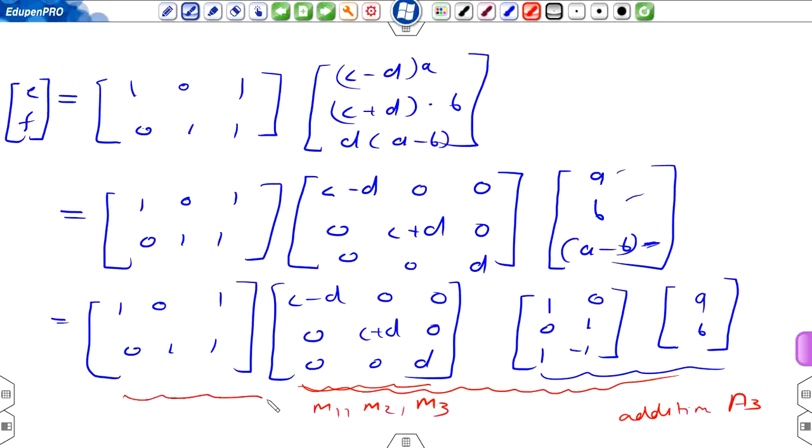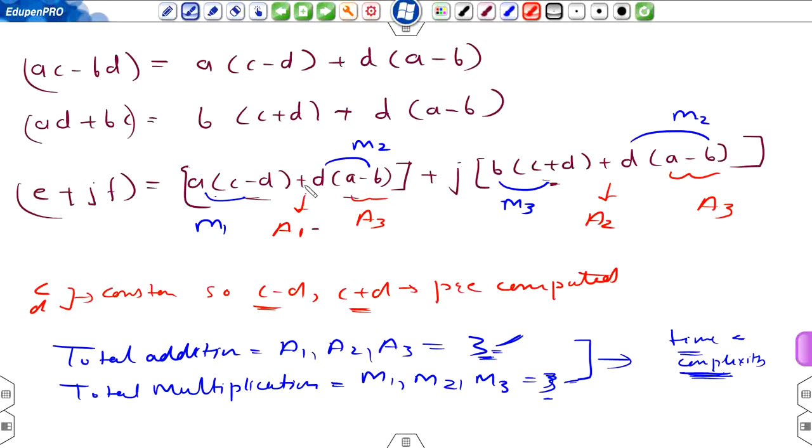And finally this matrix is responsible for addition A1 and A2.